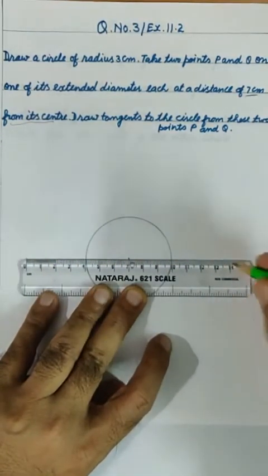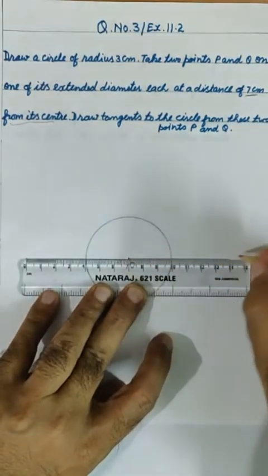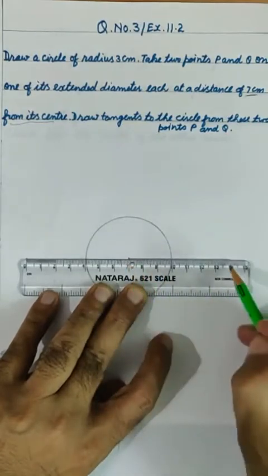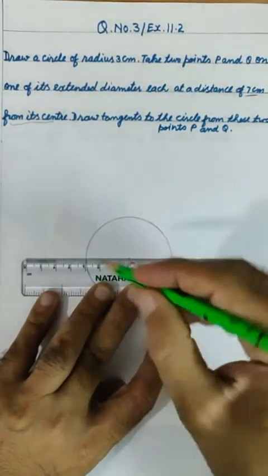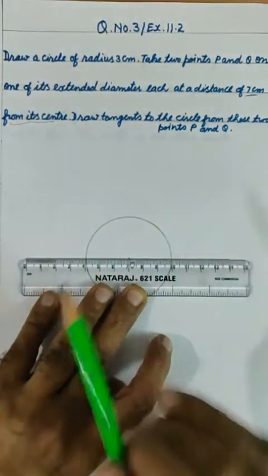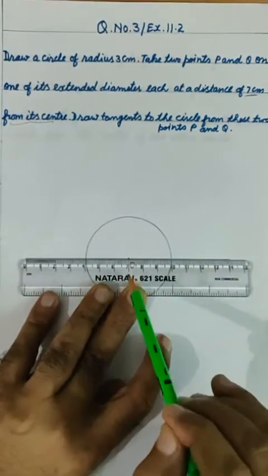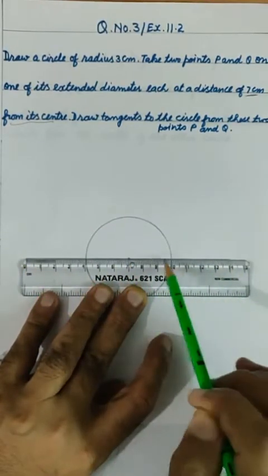This is point Q, and from 7 to 14 it is 7 cm, and on the other side this is 7 centimeter. So always remember this, we put the center at 7 so that we can get the directly extended diameter.